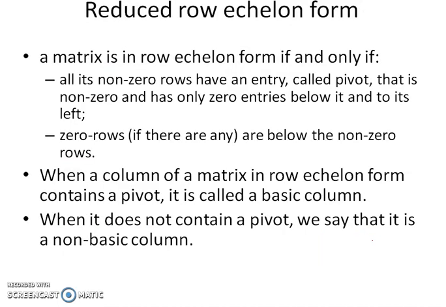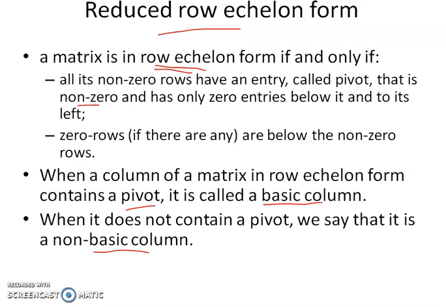Row echelon form will have an entry called the pivot, that is a non-zero value, and only 0 entries below it to its left. Also 0 rows. So this is the case with the row echelon form. A reduced row echelon form is a matrix that should be in row echelon form, provided that a column of the matrix in row echelon form having a pivot is called a basic column, and if it does not contain any pivot, then we call it a non-basic column.